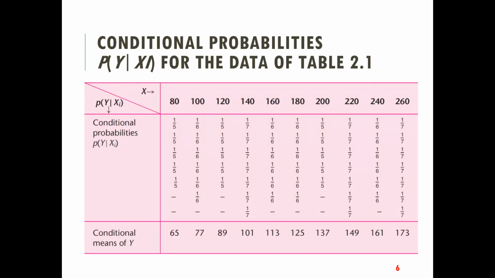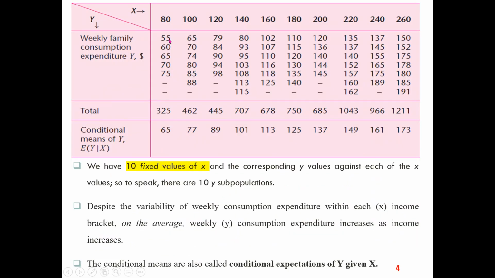Now if I ask what the conditional probabilities are for a particular family, coming back to the table, look at this 55. What's the probability that a family who is earning $80 consumes $55? You can see that there are 5 values, and this 55 is just one value, so 1 divided by 5.